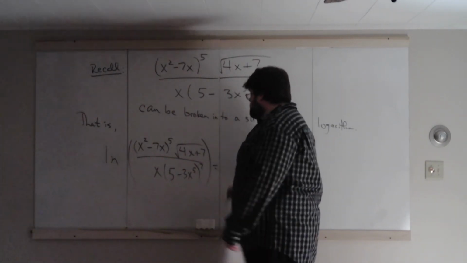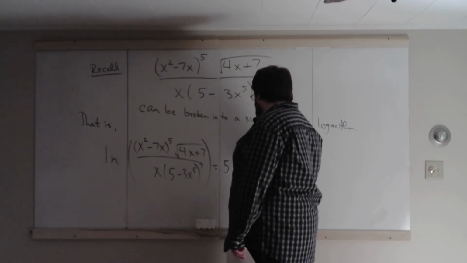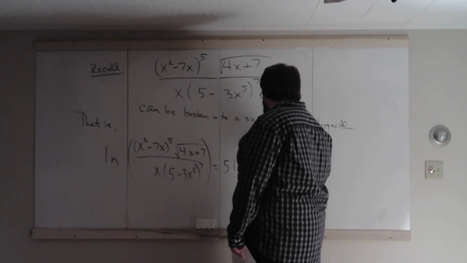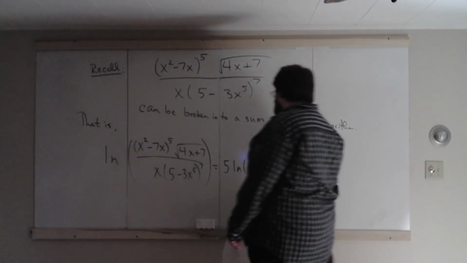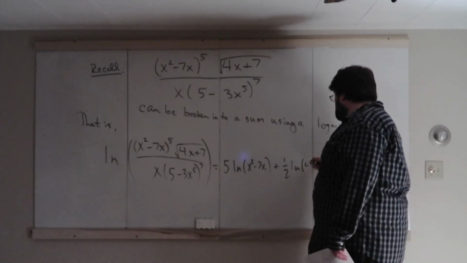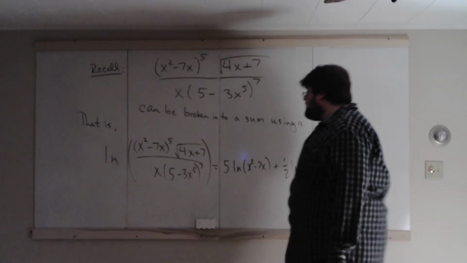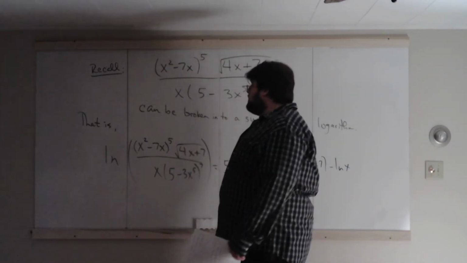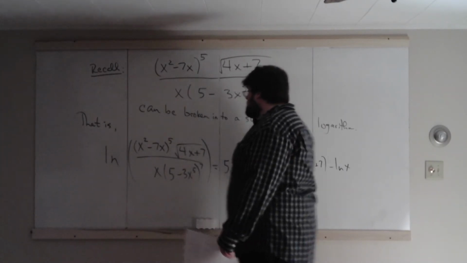We can split this using the logarithm rules into 5 log of x squared minus 7x plus a half. Remember, the exponents go out in front. Plus a half log of 4x plus 7 minus, remember, in the logarithm of a quotient, the things on top get a positive sign, the things on the bottom get a negative sign.